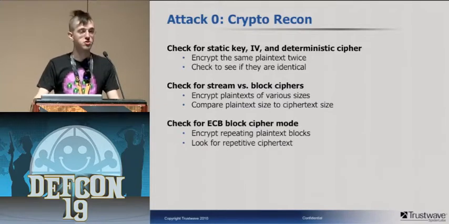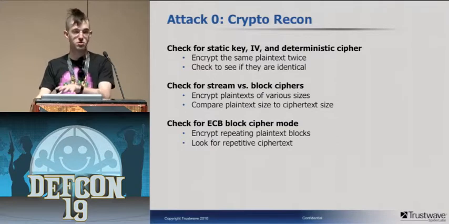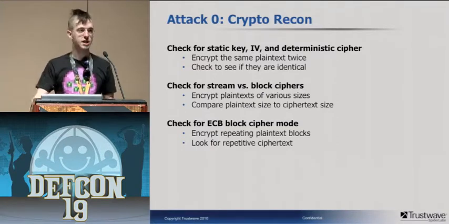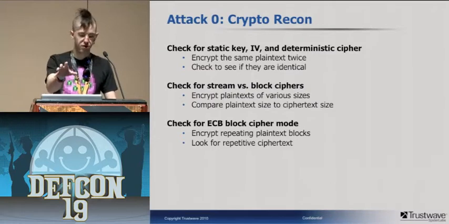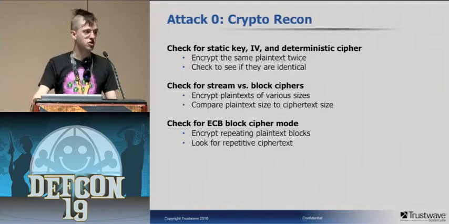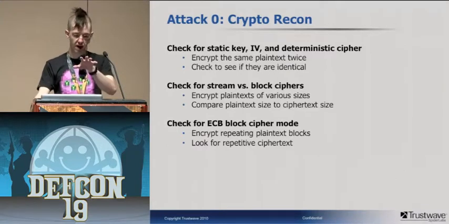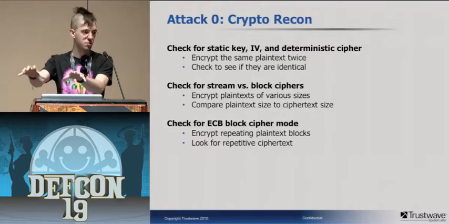You can also check for ECB block mode. This is a little bit different from CBC, which I described earlier, in that each block is independent of other blocks and are encrypted independently. So if you have repetitive plain text like 8 uppercase A's, 8 uppercase B's, 8 uppercase A's, 8 uppercase B's, and that's your plain text, your ciphertext is going to have blocks 1 and 3 being identical and blocks 2 and 4 being identical.